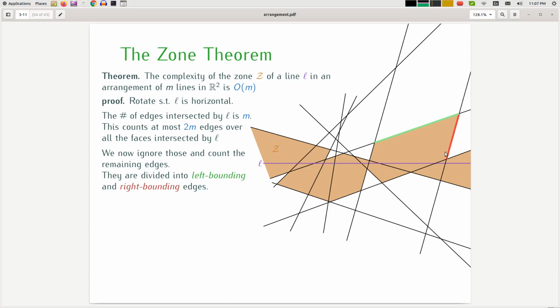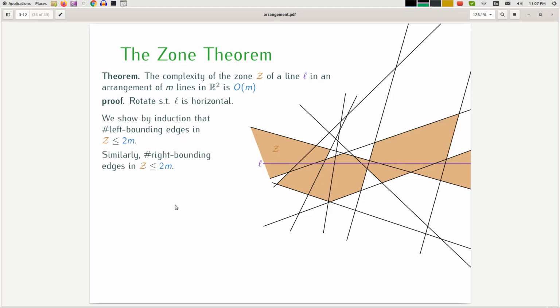Obviously, any edge can be categorized as either left bounding or right bounding edge, because when I look at every cell, every edge either lies to the left or lies to the right.